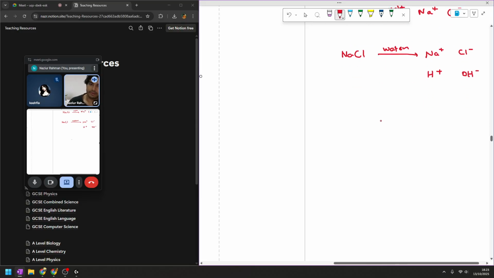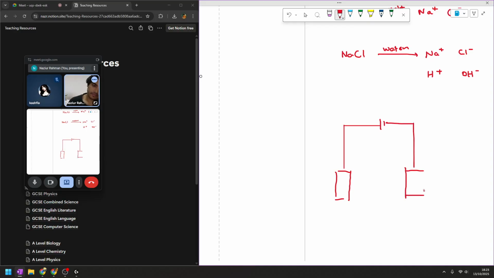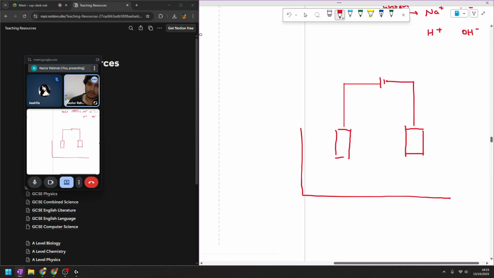Okay. So now if you try to do the electrolysis, you have two ions at each end.